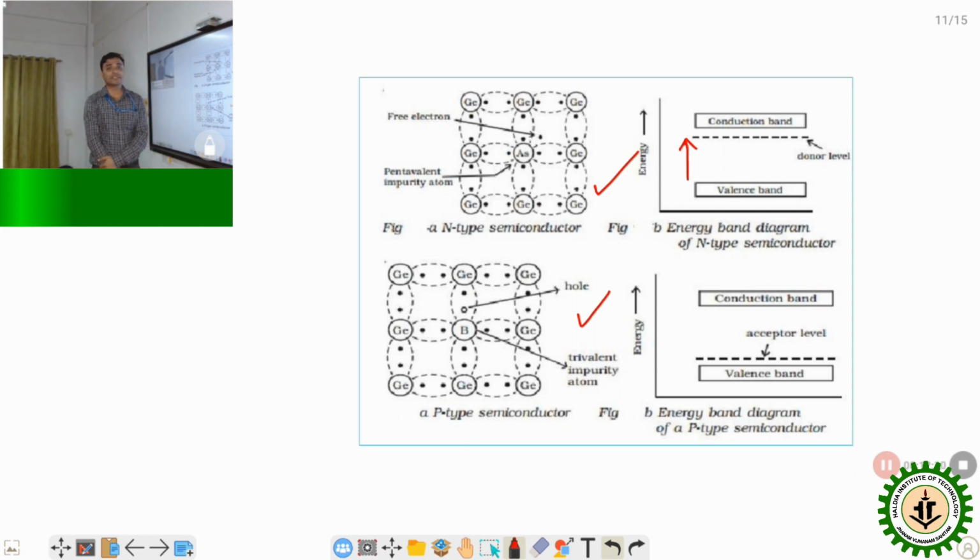In n-type, as the concentration of electrons is higher, the Fermi level is towards the conduction band. For p-type, the Fermi level is towards the valence band, meaning the concentration of holes is higher. This is the band diagram of a p-type semiconductor.